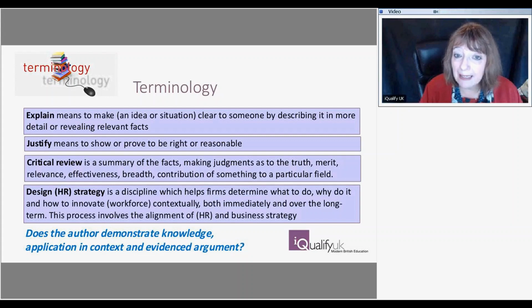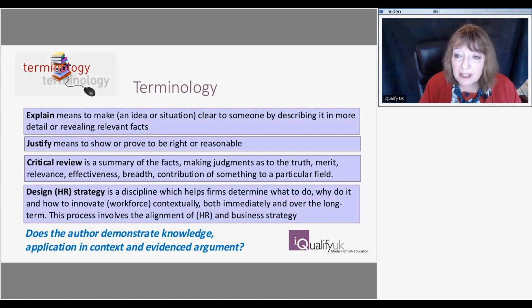Justify, remember 1.2 was explain and justify, means to show or prove to be right or reasonable. So give examples from your workplace or from the company of your choice to show that your arguments, your explanations are correct.